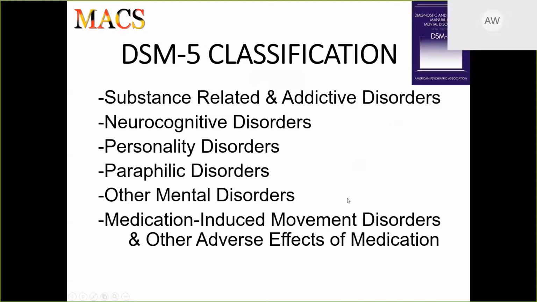So again, as we talk about some of the diagnoses, much of the research was done back with DSM-3 and 4. And so some of the terminology, some of the diagnostic classifications from DSM-5 really don't apply to a lot of what the research is based on.